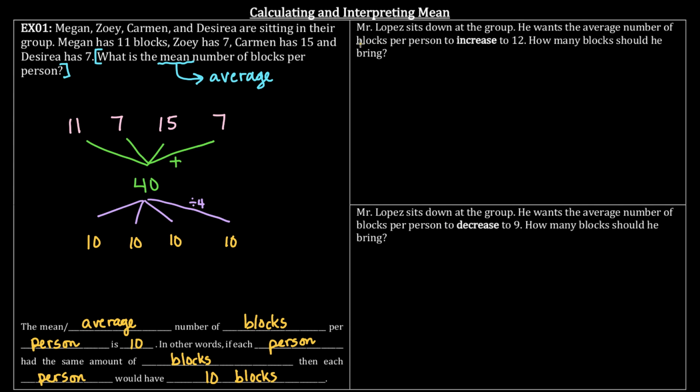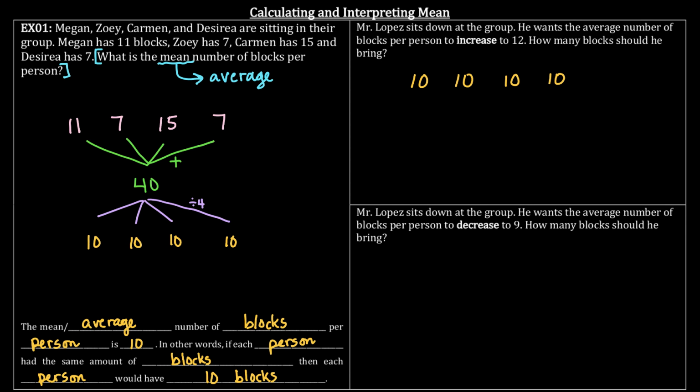So let's say I come and I sit down and I want the mean number of blocks per person to increase to 12. How many blocks should I bring? On average, each person has 10, right? They each have 10.